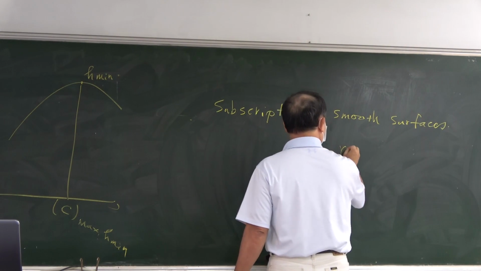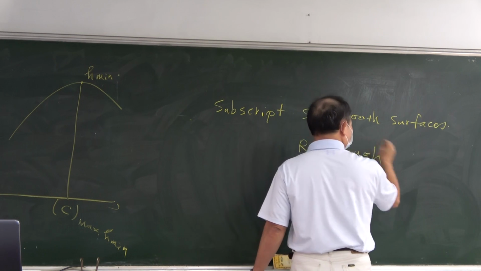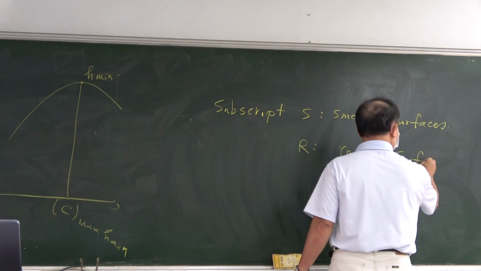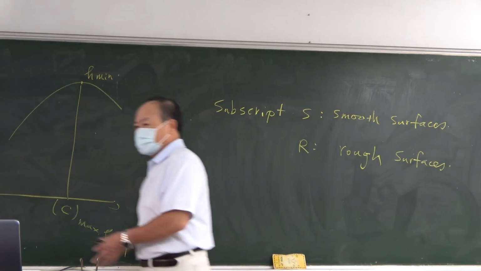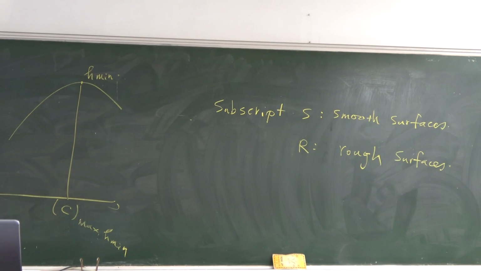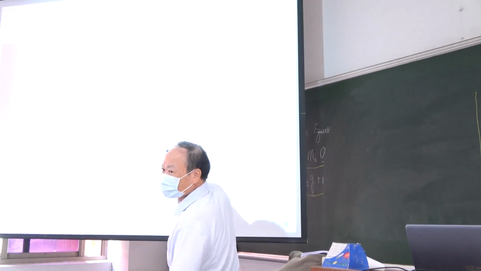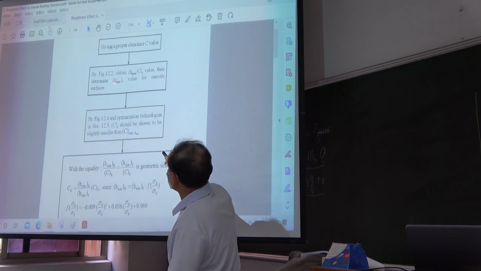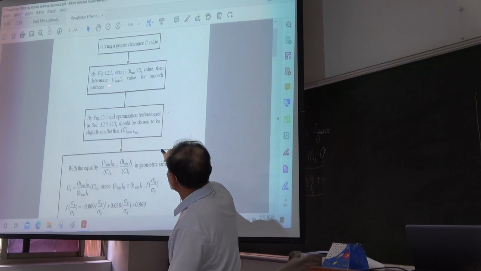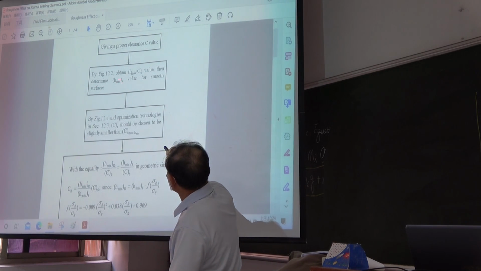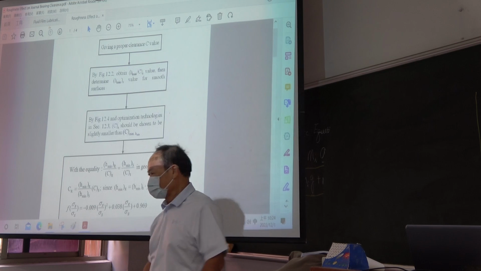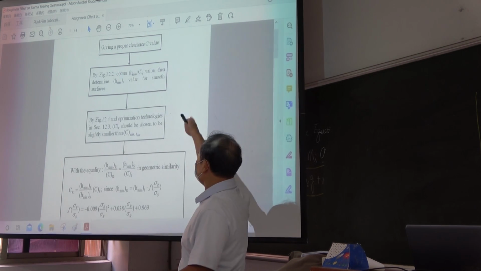R means the rough surface. The subscript from this figure will obtain this value, and then C is obtained because your C is obtained first. Then put it here, then you obtain the H minimum for your smooth surface. 所以从这个第二个 block，我们得到这个 H minimum for the smooth surface. Alright? Okay? Now put it here.